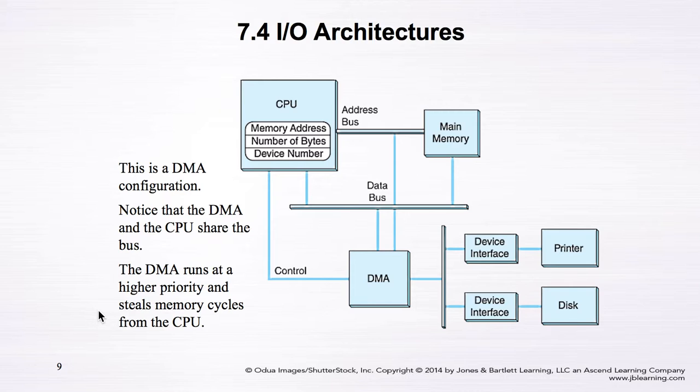So here is the direct memory access configuration. We can see that the DMA and the CPU share a bus. Basically the DMA runs at a higher priority and steals the memory cycle of the CPU.